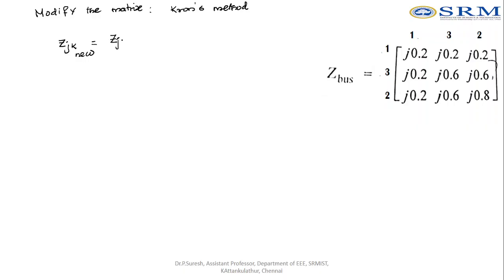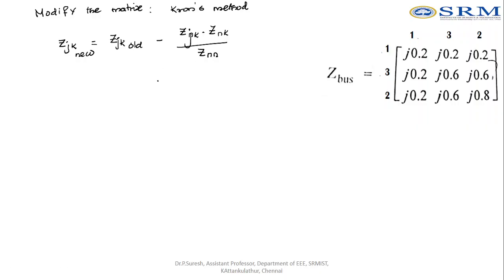So it is Z_JK old minus Z_NK dot Z_JN divided by Z_NN. So this is the formula.